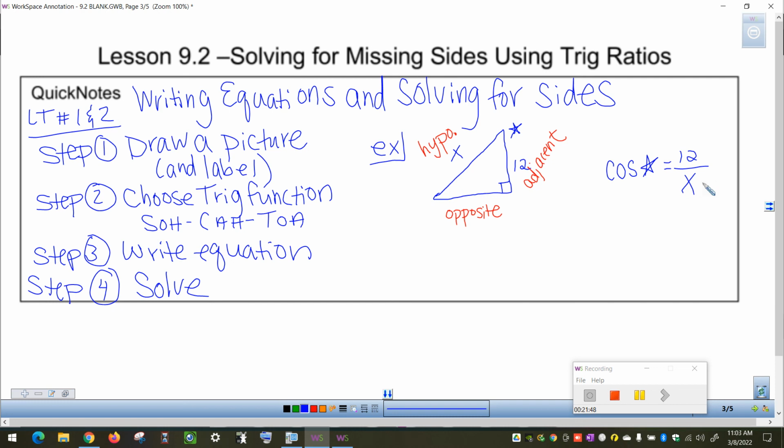Now, one other little thing I want us to make a note of here is going to help you with the first problem in your check for understanding. And let's not use the star symbol.